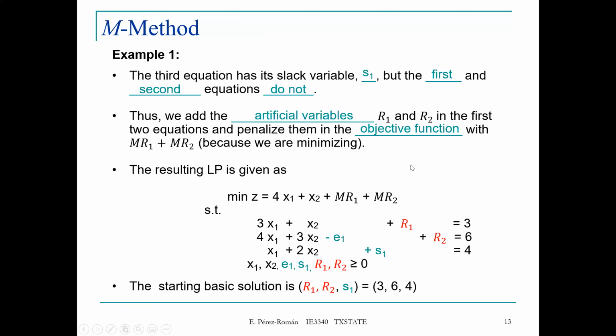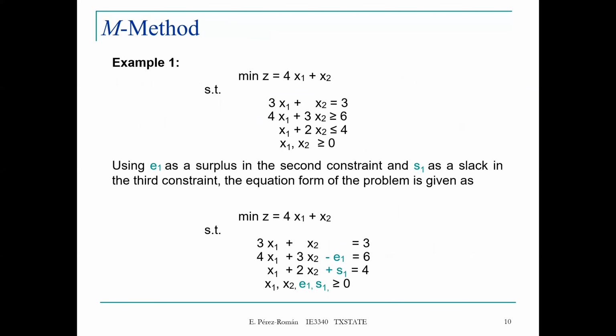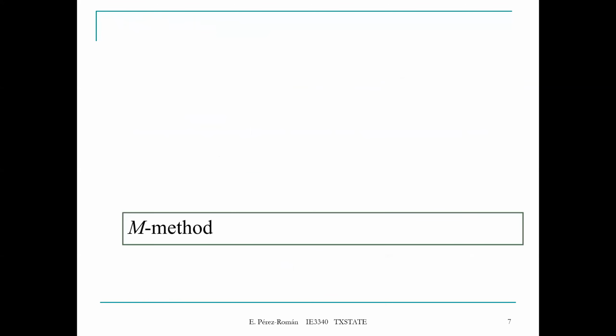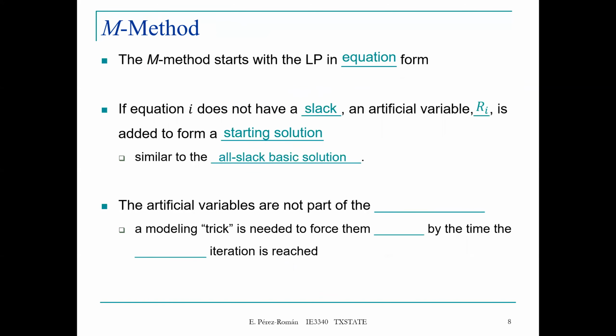If you don't want to think about whether or not you're going to add or subtract the artificial variables in the objective function, my advice is to refer to the rule stated in this slide.